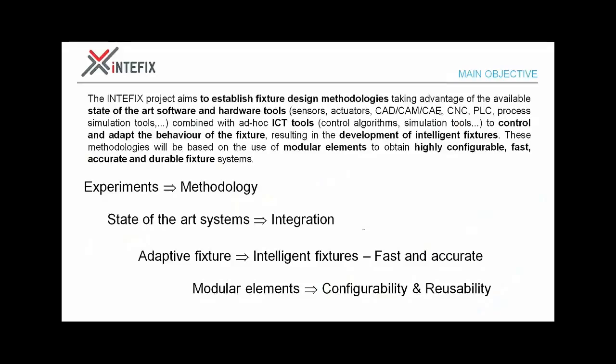But in fact, the objective of the project is to make this development or the integration of state-of-the-art systems, mainly related to sensors, actuators, or software, hardware, or whatever you can imagine, and to integrate these systems to make the fixture.